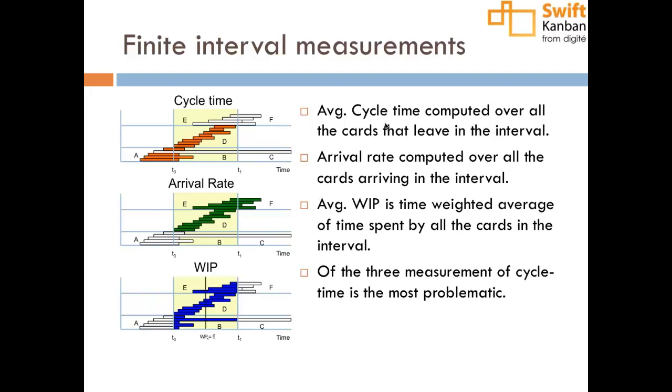Okay? So the key here is we are using these measures and applying Little's law, but the fact is that because of the limited time horizon, the sets over which the measurements are being taken are all different, and that's one of the reasons why it is difficult to literally apply Little's law to the measurements we see.